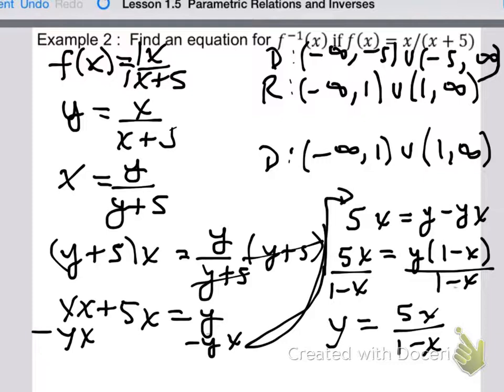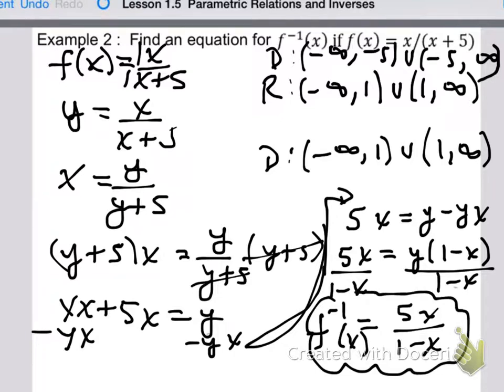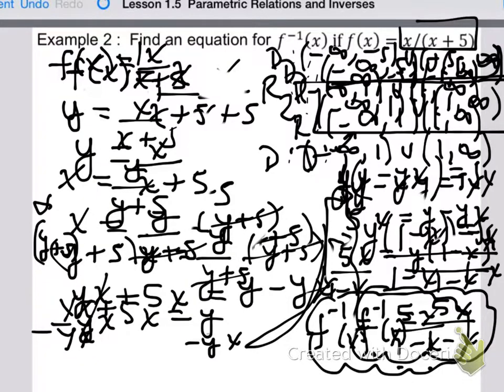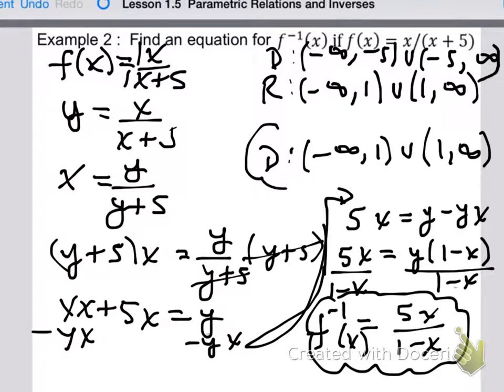And then the last step, since I basically found the f inverse of x, is to replace y, get rid of the y, and write f inverse of x in its place. Alright, so there is f inverse of x, and then my domain is this right here.